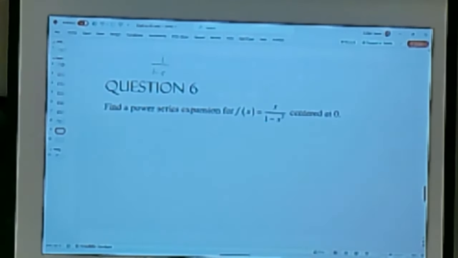What does that equal? That should look familiar from our study of series, 1 over 1 minus r.